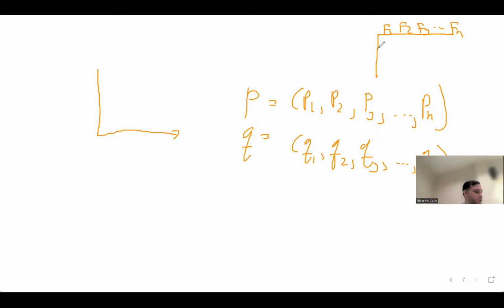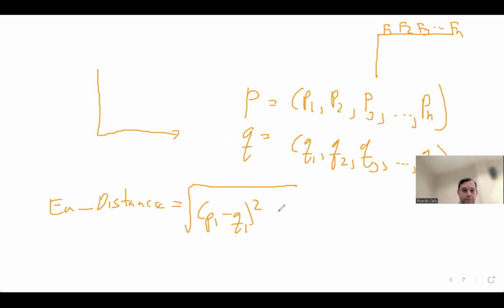And the Euclidean distance function just becomes, for 2 points, it's still 2 points, just in a higher dimensional space. So then the distance between these 2 points, the Euclidean distance, is now the square root of P1 minus Q1 squared plus P2 minus Q2 squared.